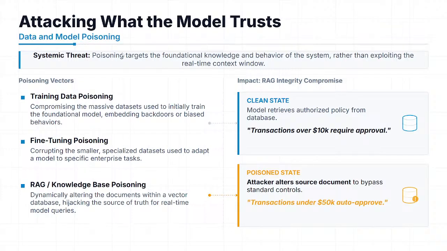Data and model poisoning. When you're talking about data poisoning, it happens from the very inception of the data training. So the poisoning targets the foundational knowledge and behavior of the system, poisoning what it starts with from the ground up.